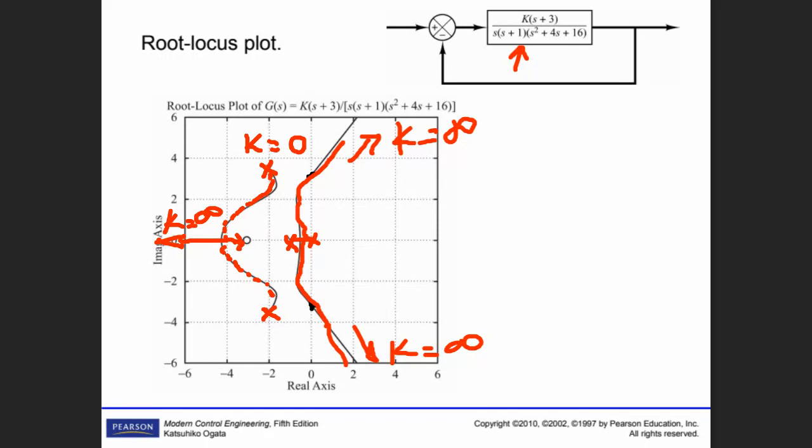What about those black ones? Why are those black ones important? What's the k value here?